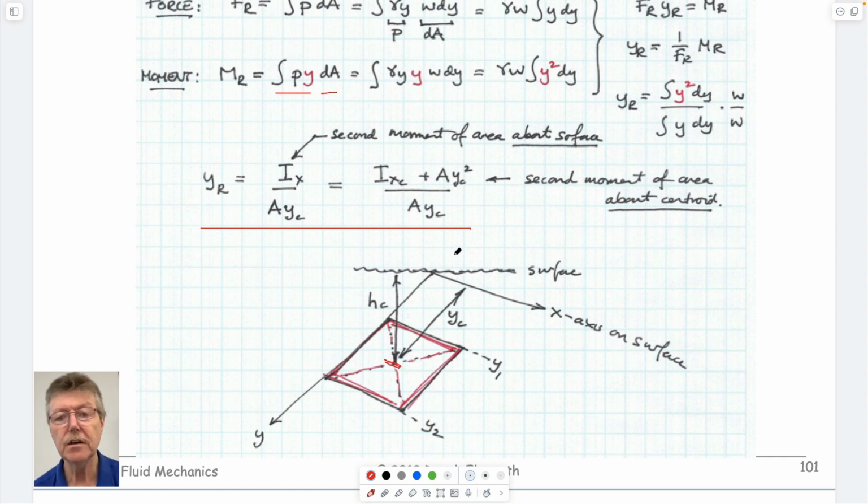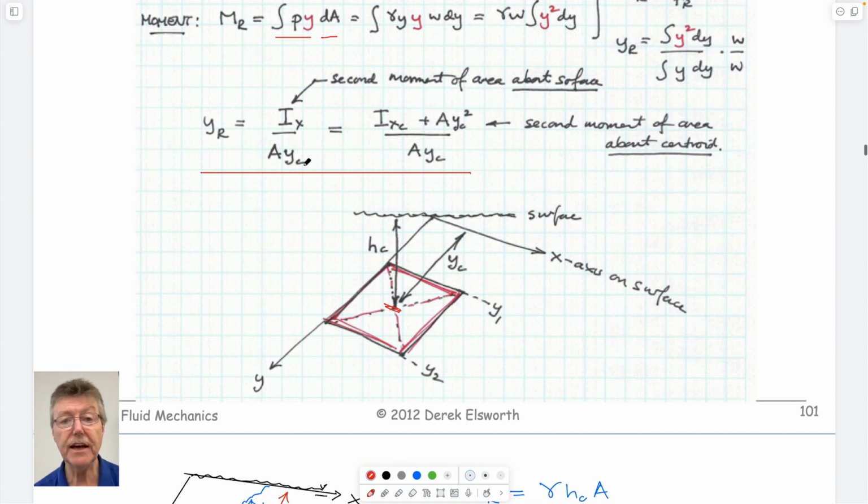And so what we could write this equation as here, and I will write it, is y sub r is equal to I_xc, which is just a result, divided by the area y_c, plus A y_c squared over A y_c.